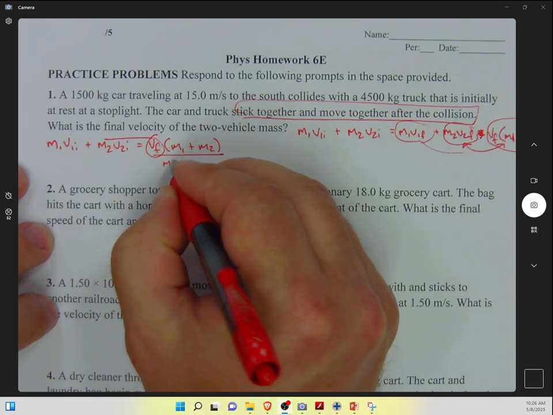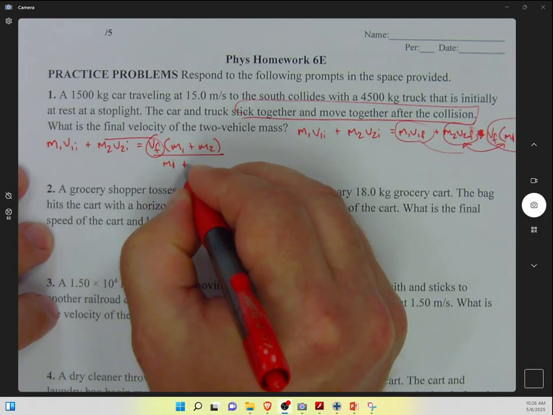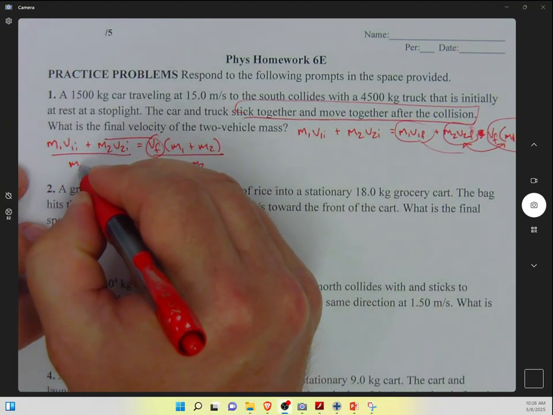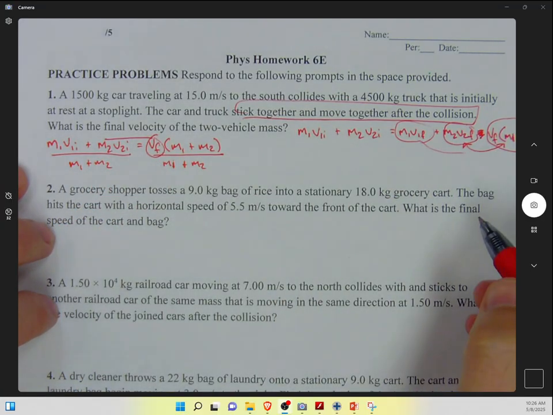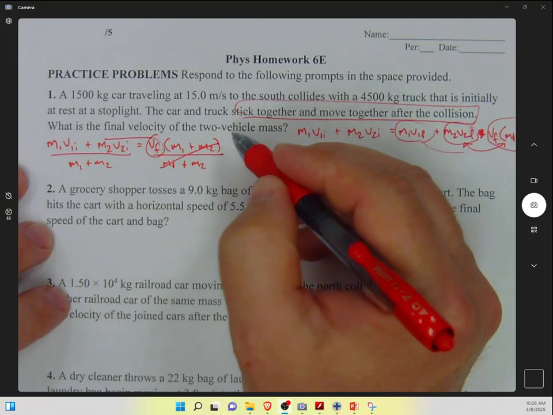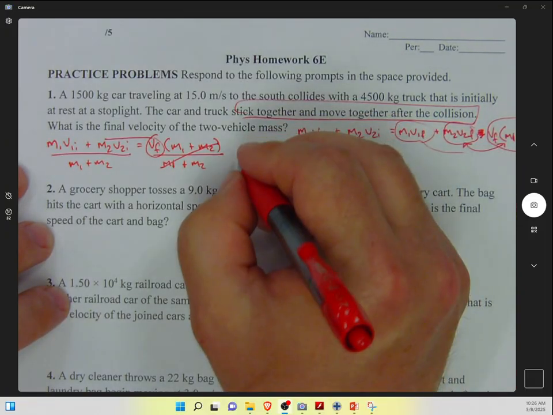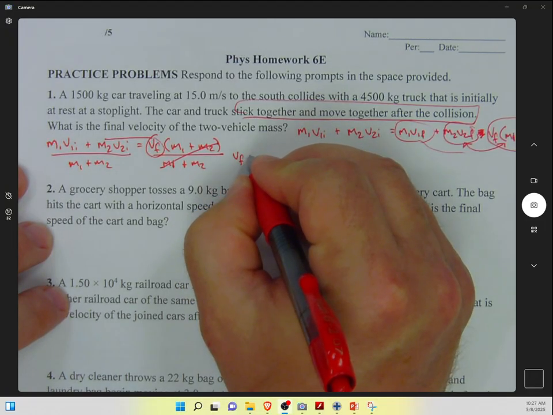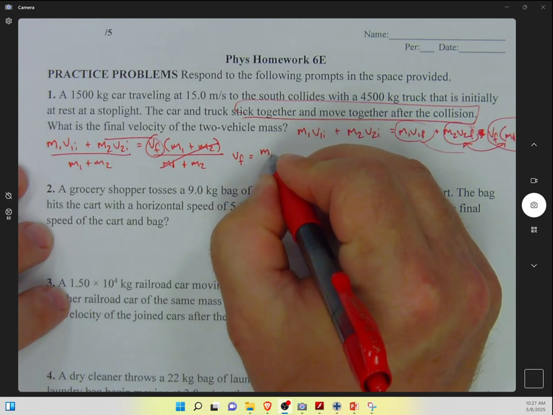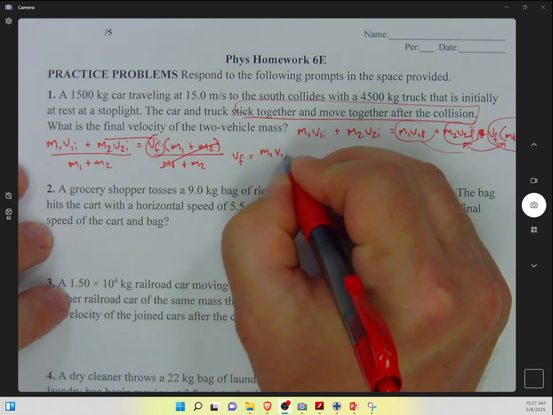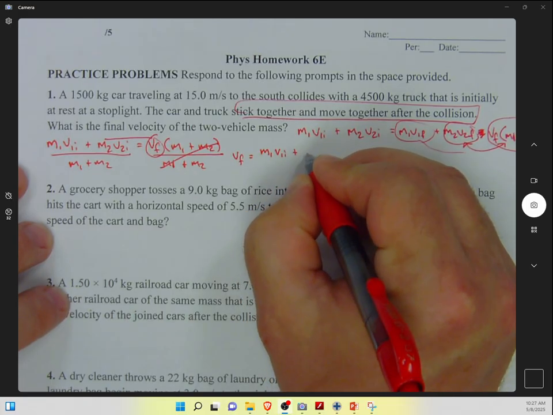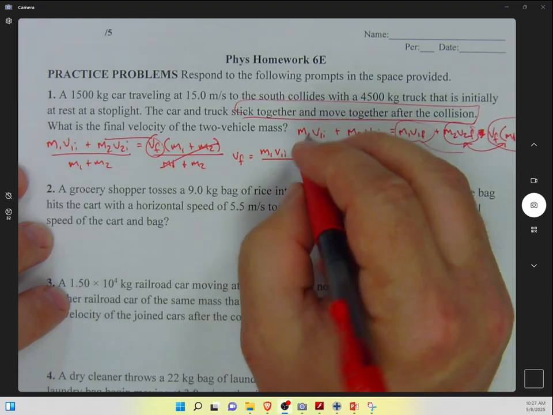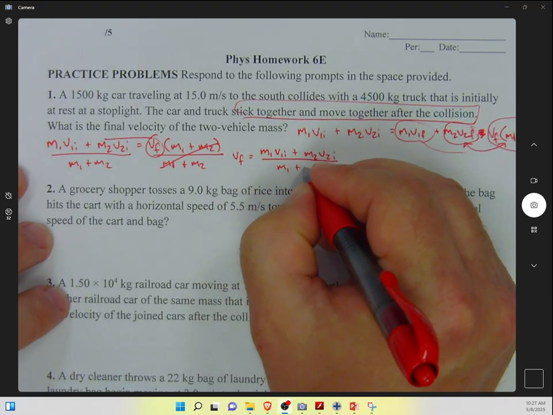So I'm going to divide that. That's going to allow those things to cancel. And so what I'm actually going to plug in here is final velocity is equal to M1 V1 initial plus M2 V2 initial divided by M1 plus M2.